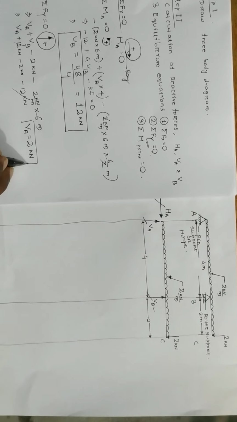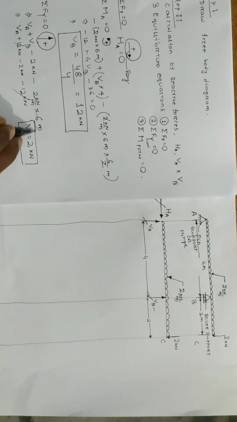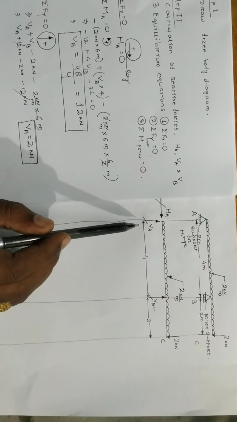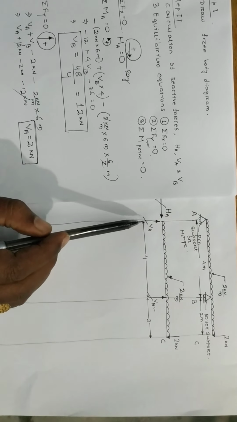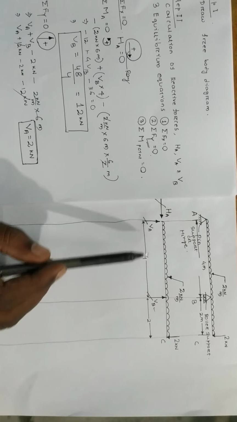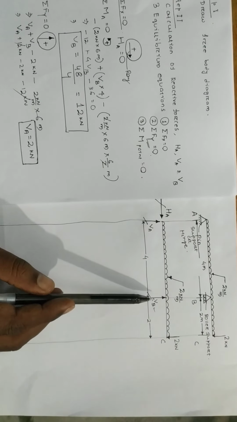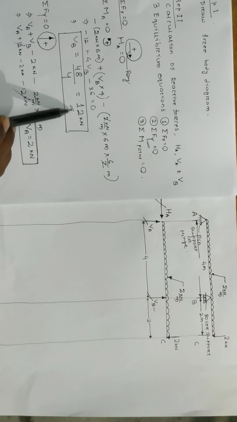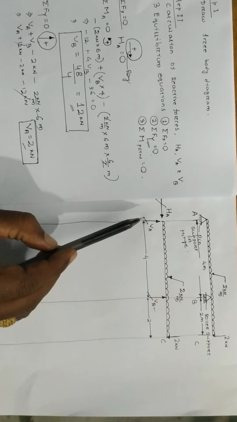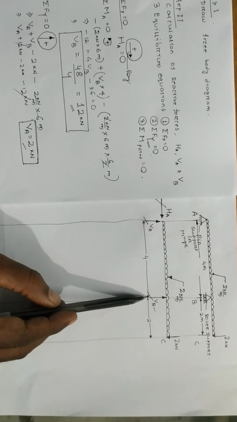So all the reactive forces provided by the support are identified. I have assumed the direction of the reaction force at A to be vertically upward, and at B also vertically upward. I am getting the answer also in positive, so the assumed directions are absolutely okay.